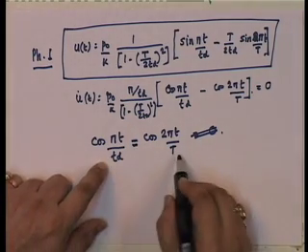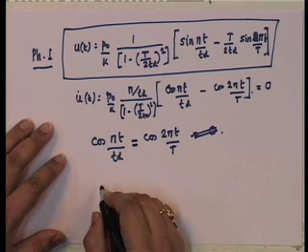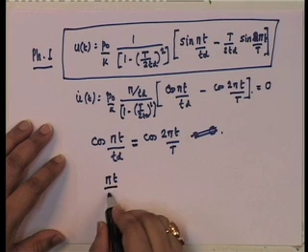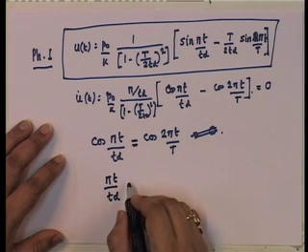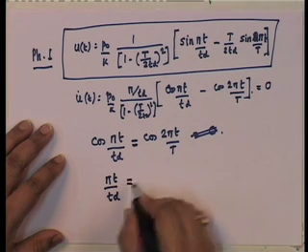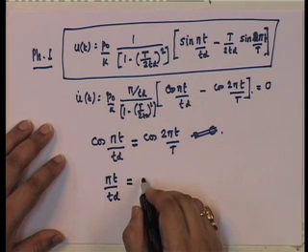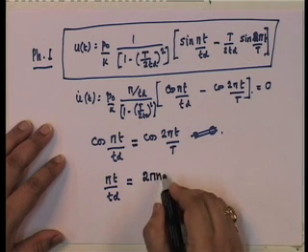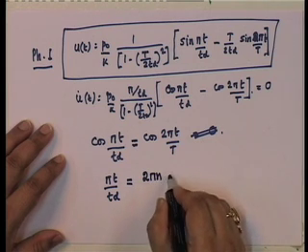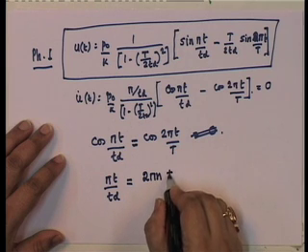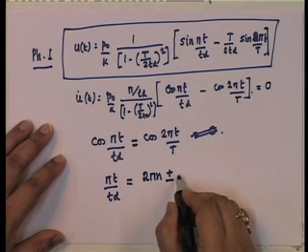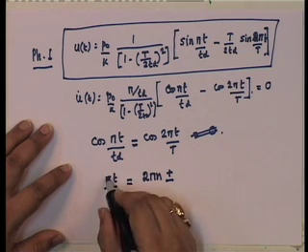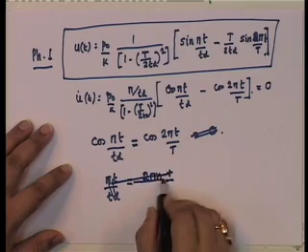So, if this has to be equal to this, all that it means is that pi t upon t d is equal to 2 pi n plus or minus, sorry, this is wrong, this is not correct.